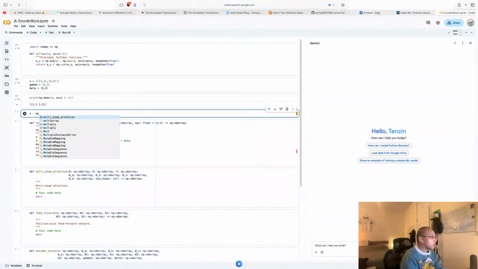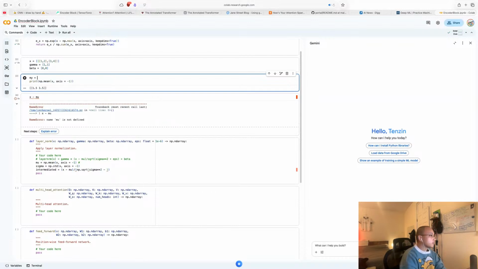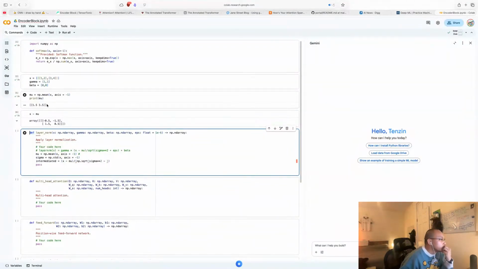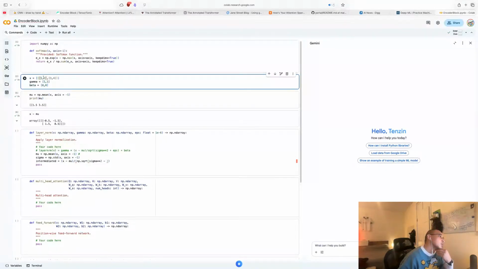X minus mu. So what do we want? We want 1 minus 1.5, which is negative 0.5, yeah. 2 minus 1.5, which is not negative 1.5.